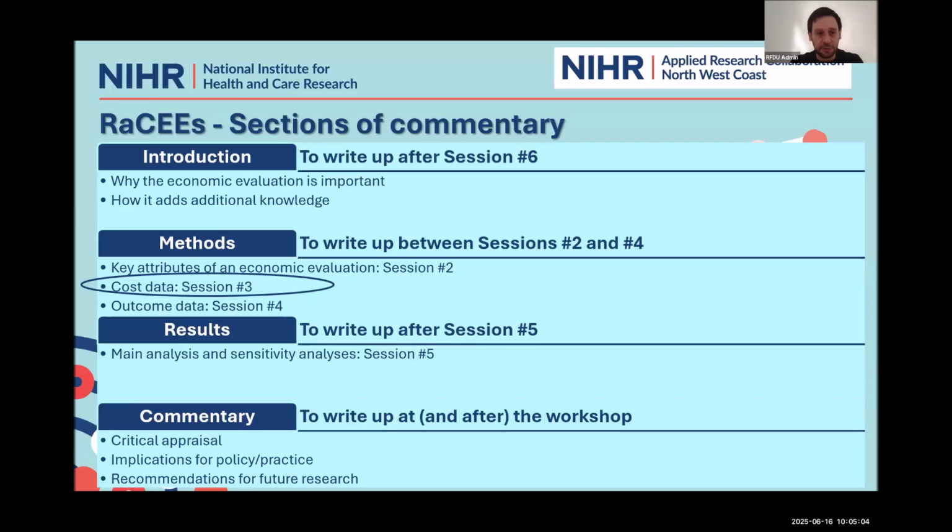After session 2, you worked on the key attributes of an economic evaluation. After today's session, you will be asked to extract data regarding cost, and then after session 4, you will be asked to extract data regarding outcomes. And then with this data, the team leads will try to write up all the information for the method section of the commentary.